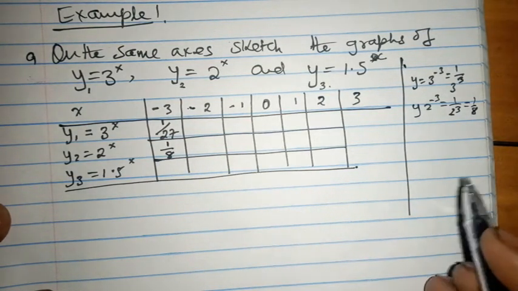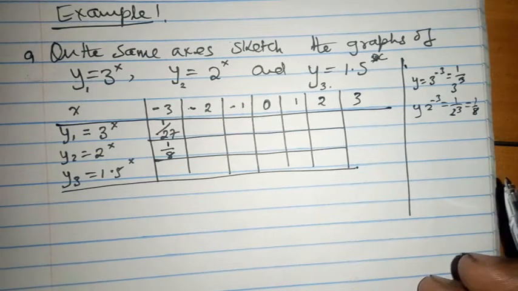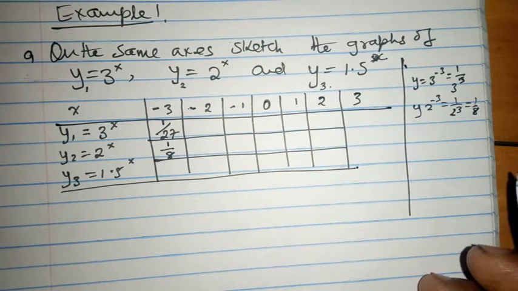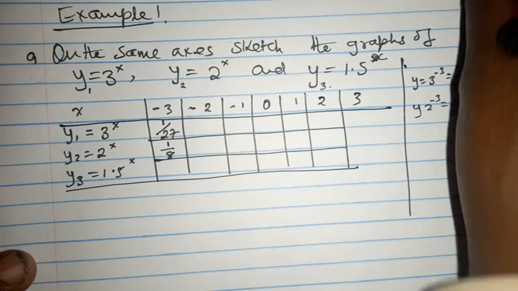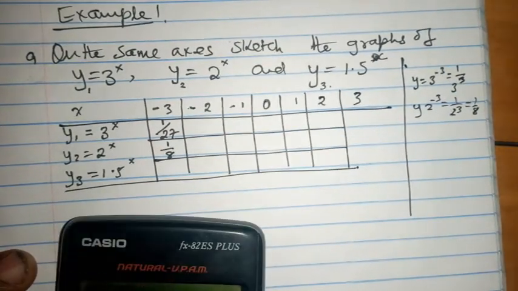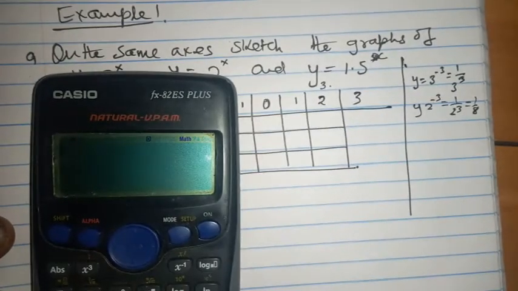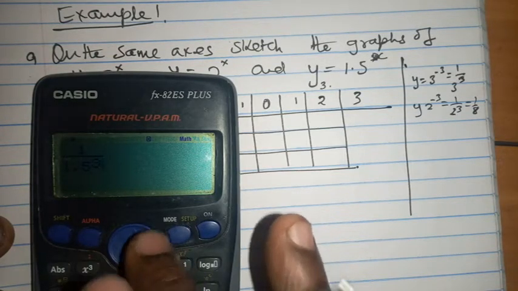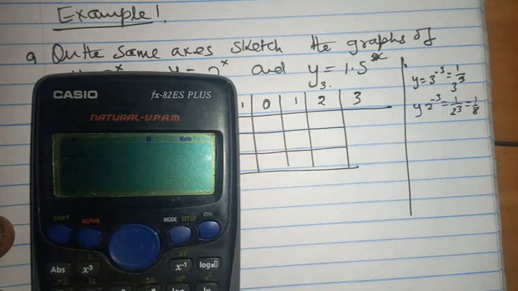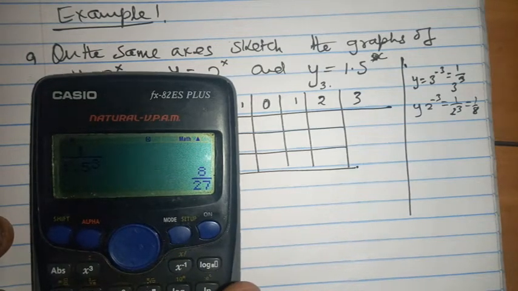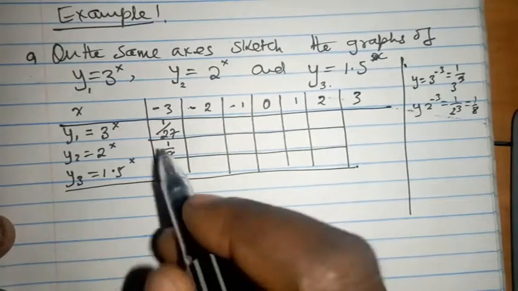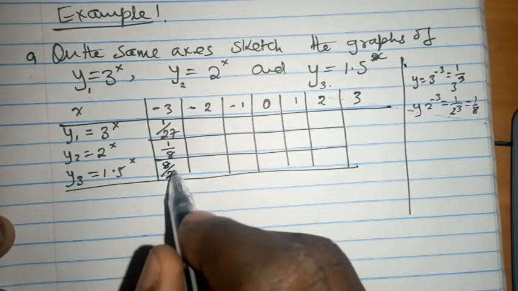And definitely, you may want to talk of what y is when x is minus 3 in this case. So we're going to have 1 divided by 1.5 cubed, which is 8 out of 27.